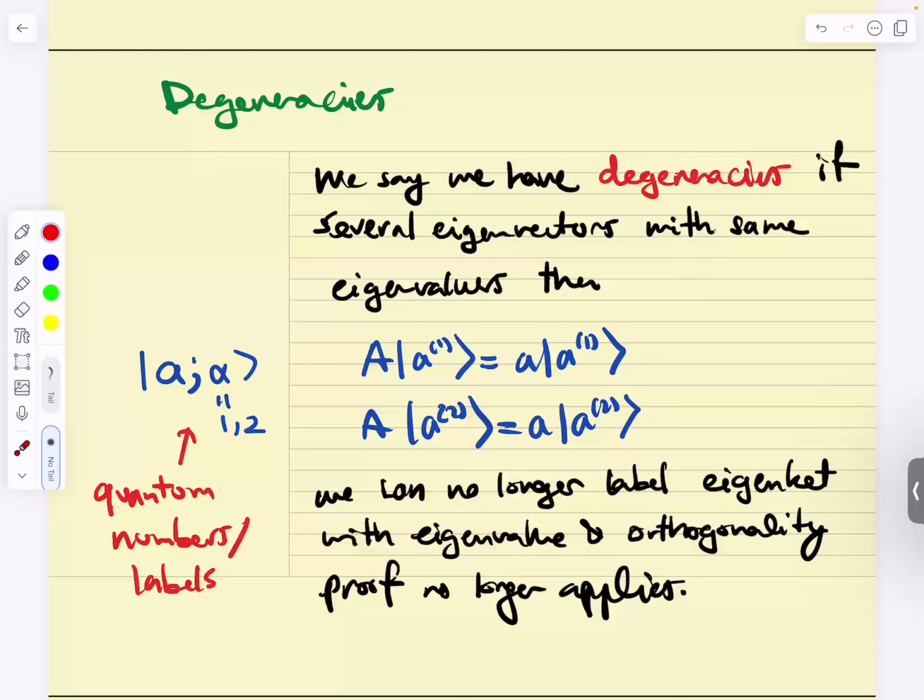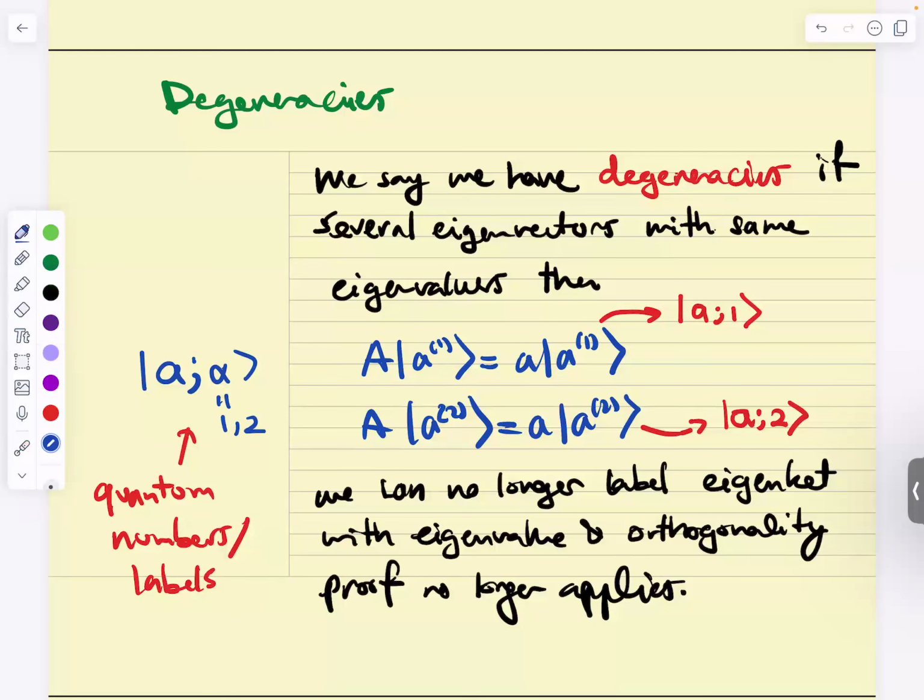What do we do in these situations? One way of doing it is to write it this way. Instead of writing it plainly, write ket A semicolon 1, the first eigenvector corresponding to eigenvalue A, and this one, the second eigenket corresponding to eigenvalue A. So in general, in the presence of degeneracies, you should be using this.